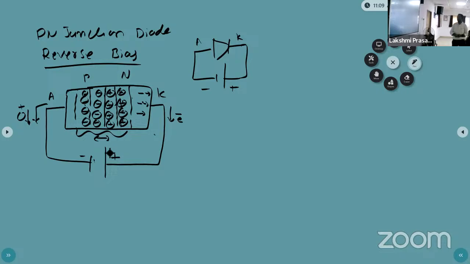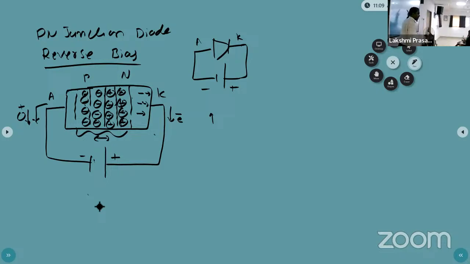Now, in the reverse bias, there is no current through the junction. But if the temperature increases, with the electrons moving towards the positive terminal of the battery and the holes towards the negative terminal, some temperature will rise.